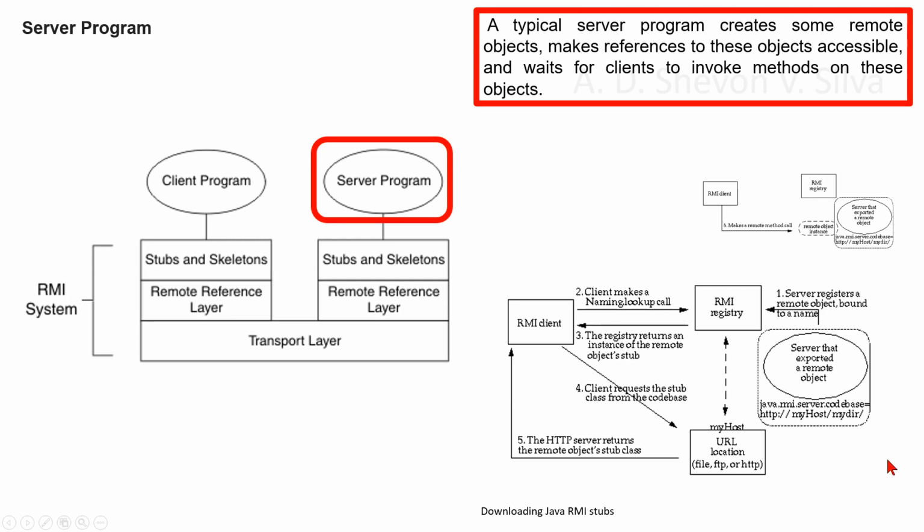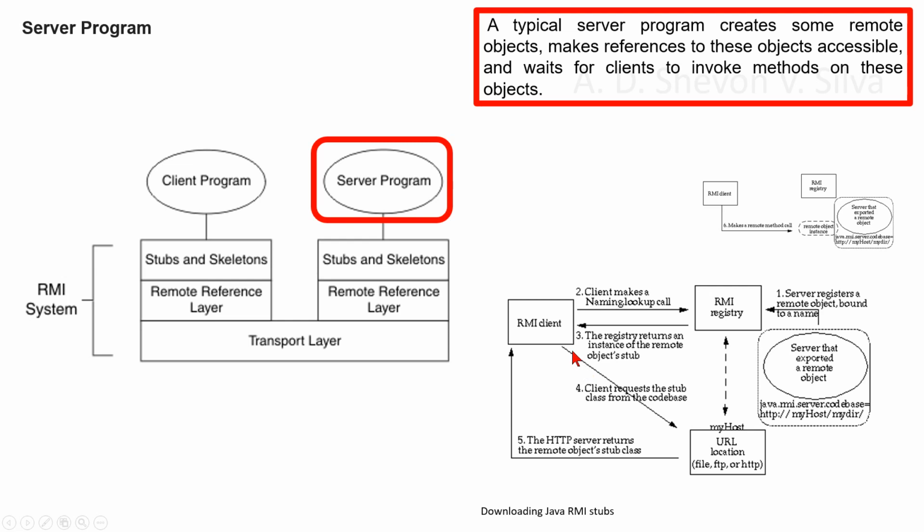Using Java RMI, applications can create remote objects that can accept method calls from clients in other VMs. In order for a client to call methods on a remote object, a client must have a way to communicate with the remote object.